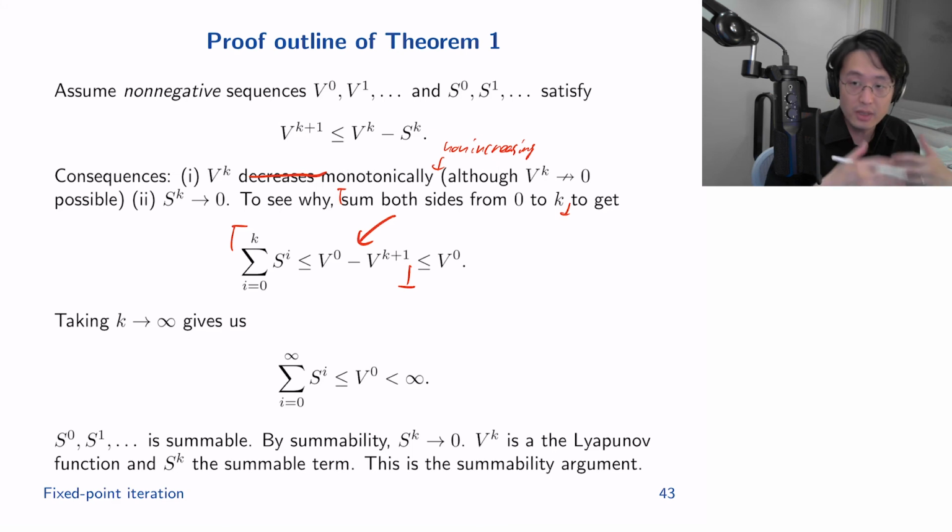Then by showing that the sum is finite, we conclude that the s's converge to 0. So it's a very indirect argument, but it is a standard argument in optimization and monotone operator theory. And let me show you this argument being used concretely.